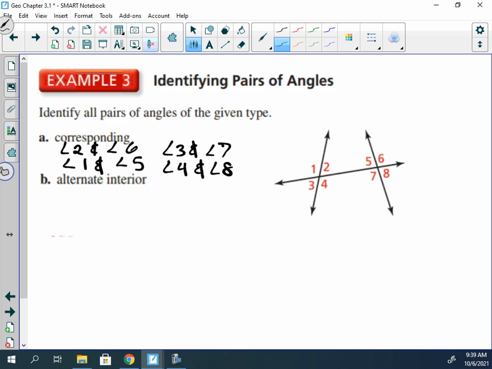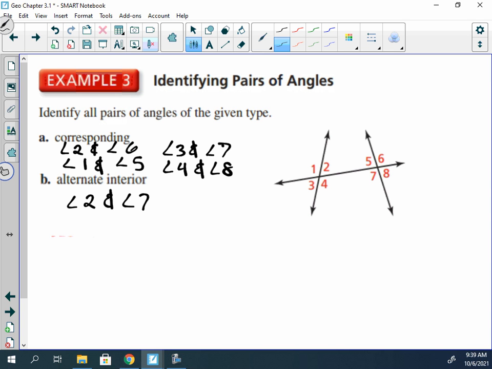Now alternate interior angles. Opposite sides of the transversal and are inside the two lines. So we're looking at 2, 4, 5, and 7, because there's the 4 that are contained between the two lines. So 2 and 7, because they are inside the two lines and on opposite sides of the transversal, the line that's cutting between them.